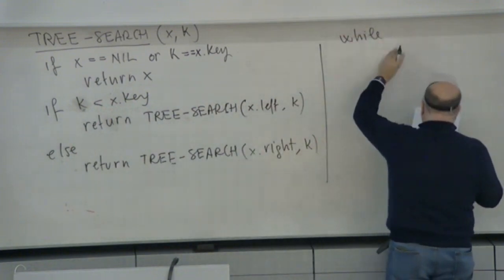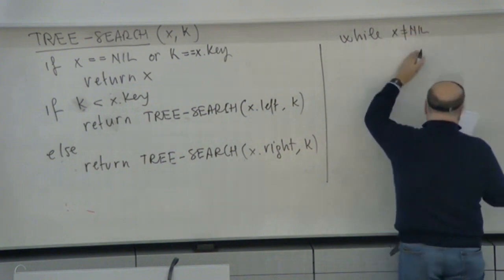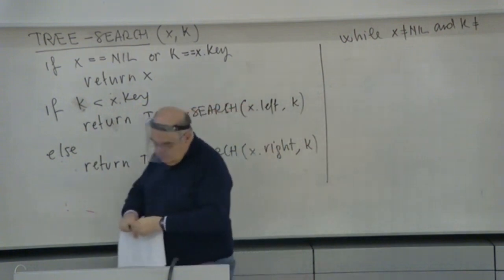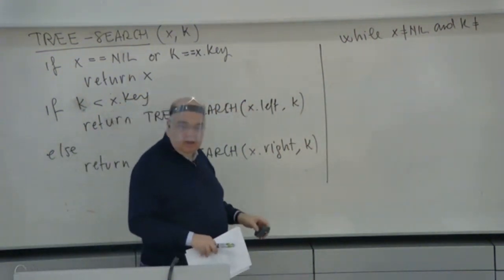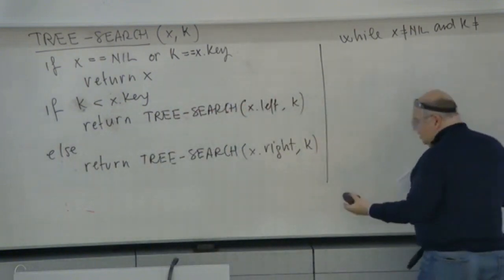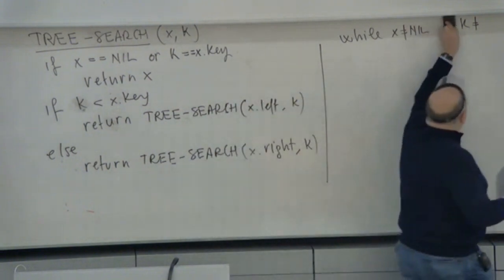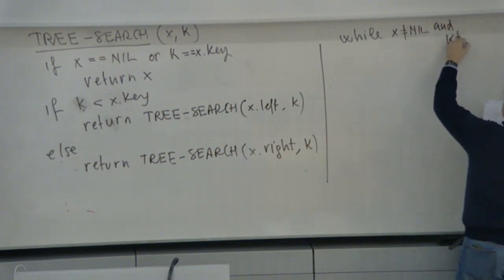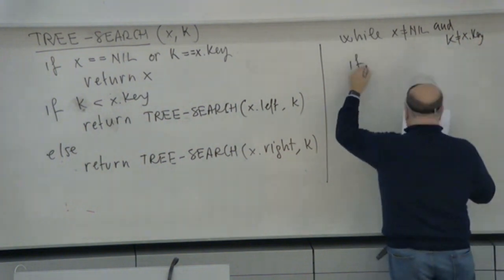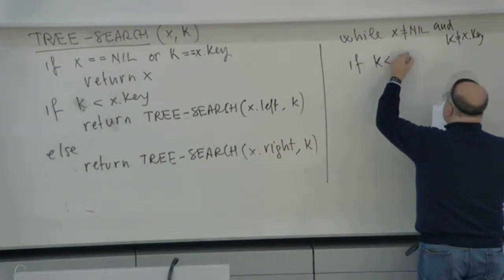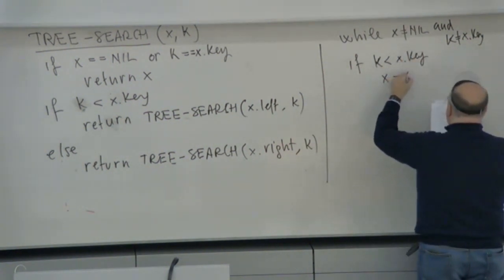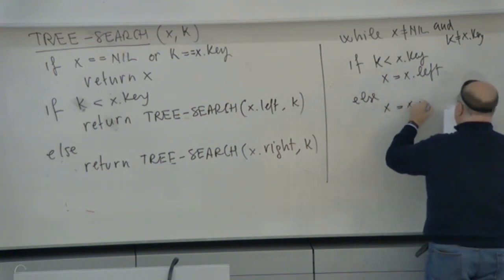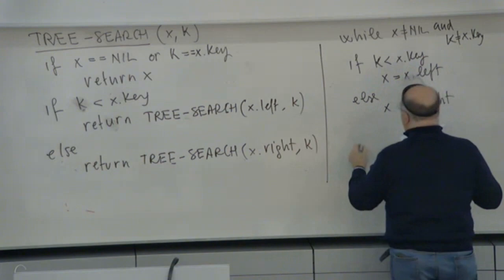While x is not nil and k is not x.key: if k is less than x.key, then x equals x.left; otherwise, x equals x.right. And then return x.